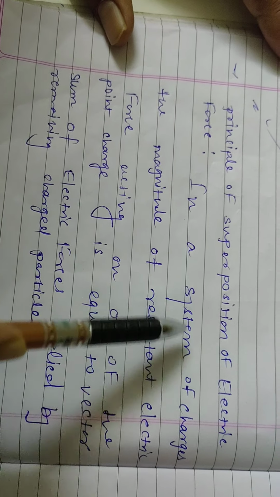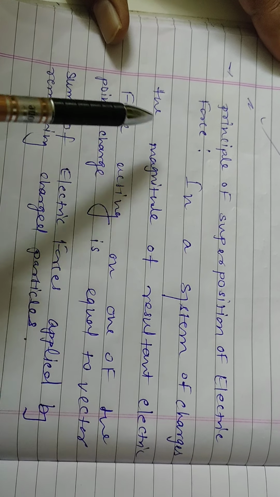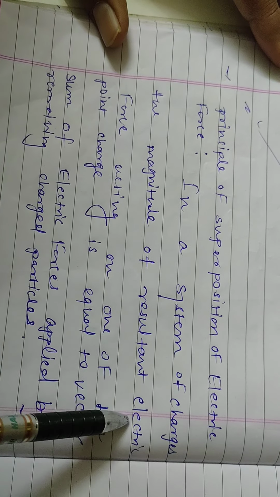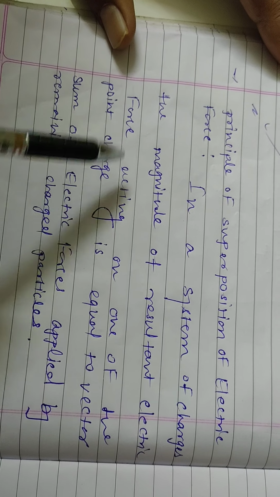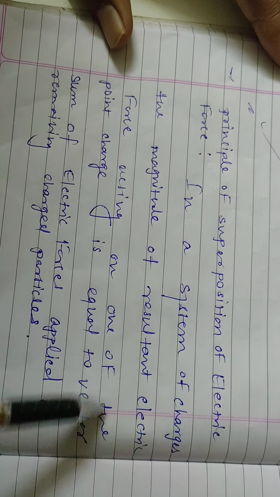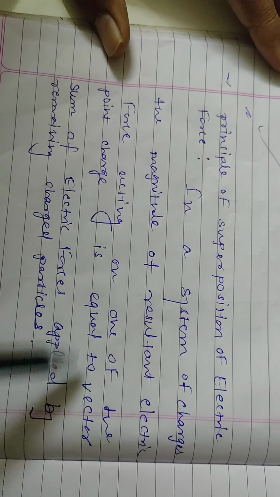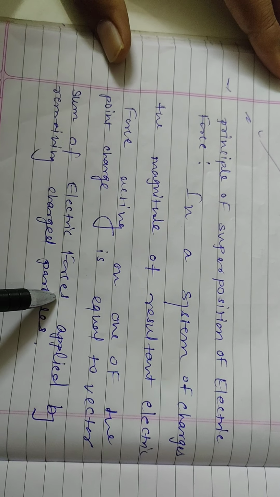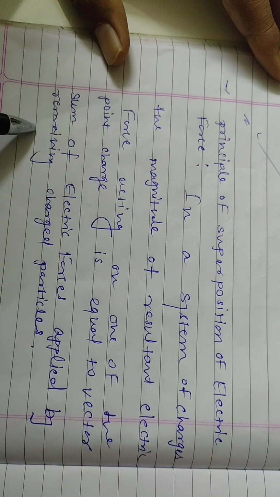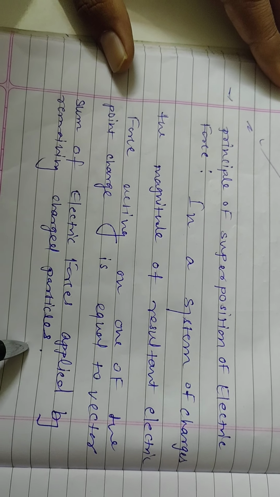Again, in a system of charges, the resultant electric force acting on one of the point charges is equal to the vector sum of electric forces applied by remaining charged particles.